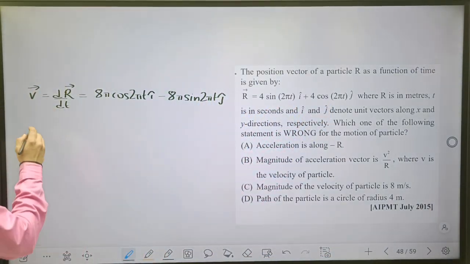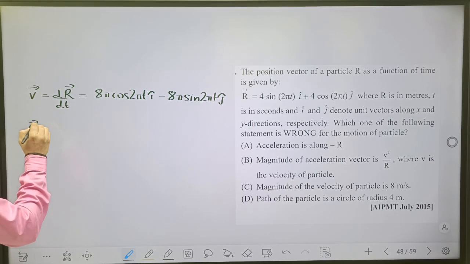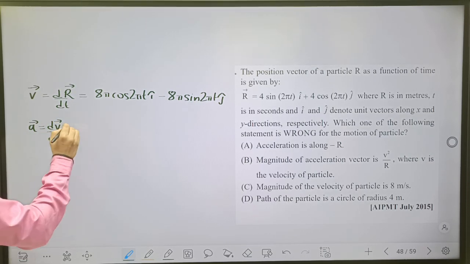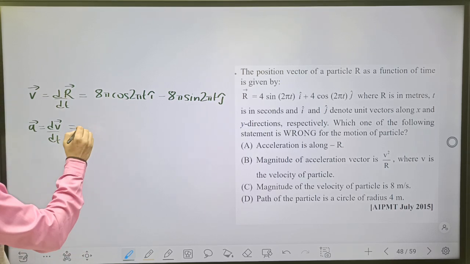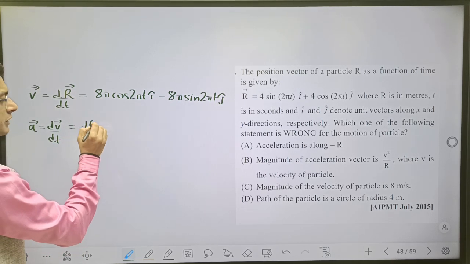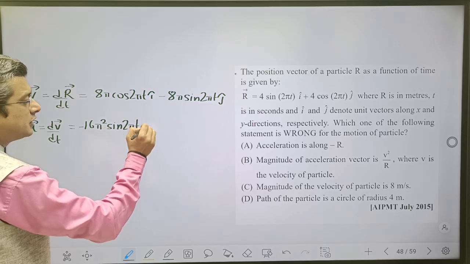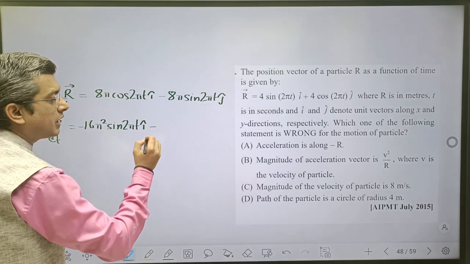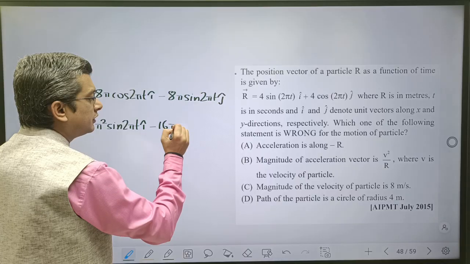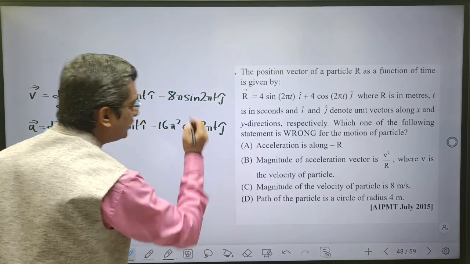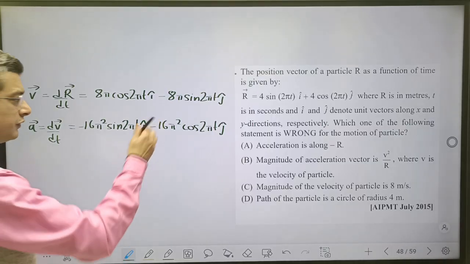This is the expression for velocity, and to find acceleration, we differentiate it again. So this will be minus 16 pi square sine 2 pi t i cap, minus 16 pi square cos 2 pi t j cap. Here we are applying the chain rule for differentiation.